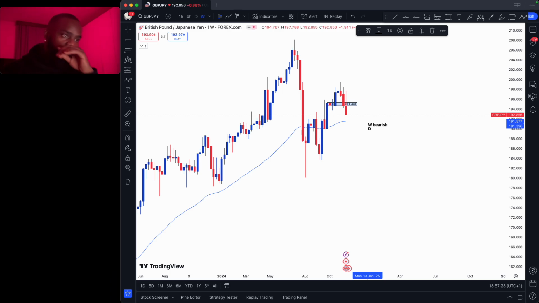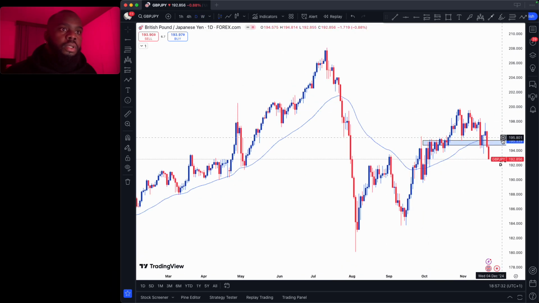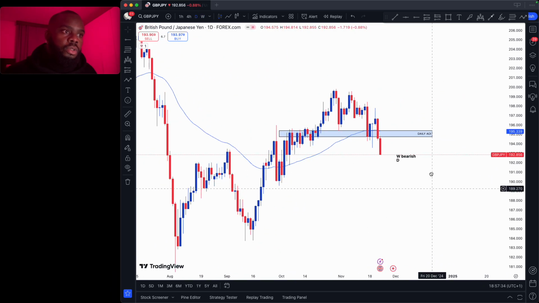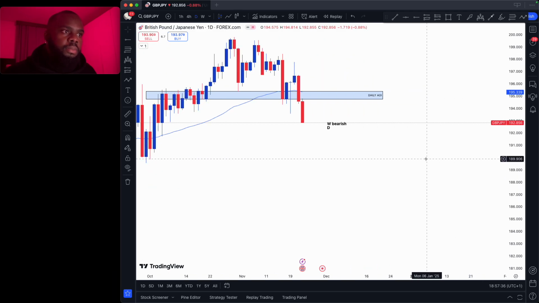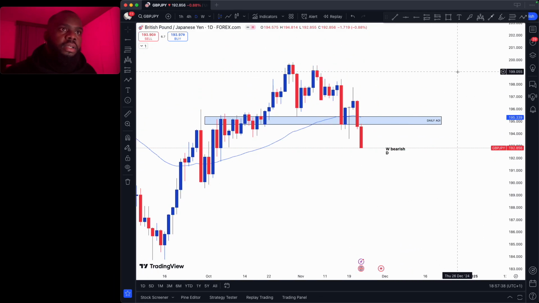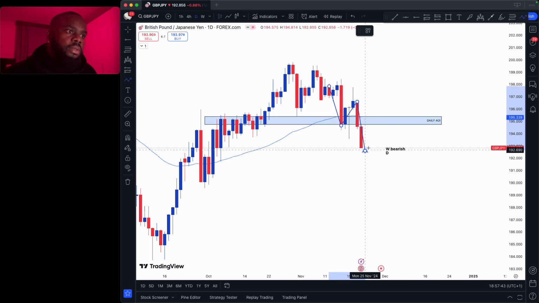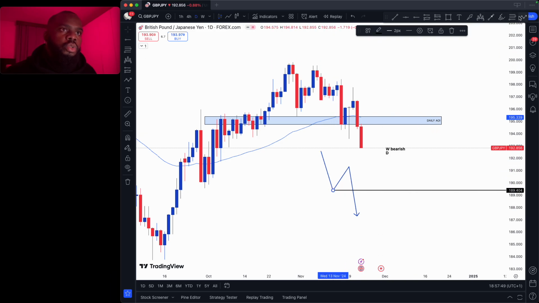Then let's head down to daily and see what's happening there. The daily is very clear. We can see the low, the high, and the low. You see price break the last low. So we're expecting price to pull up back to this zone.